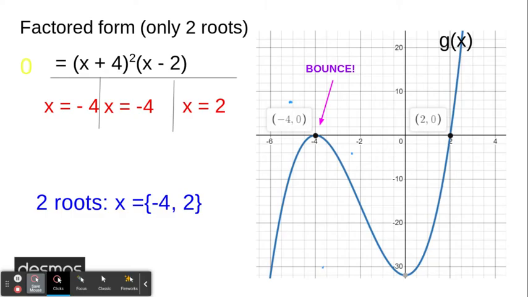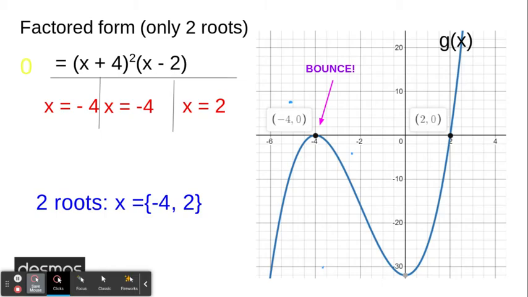The function came from negative infinity, traveled to the x-axis at negative 4, bounced off of the x-axis, came back down to its min, and then back up again to its next root of 2. So there ended up only two roots here, because one of the roots was actually formed from two equal roots.